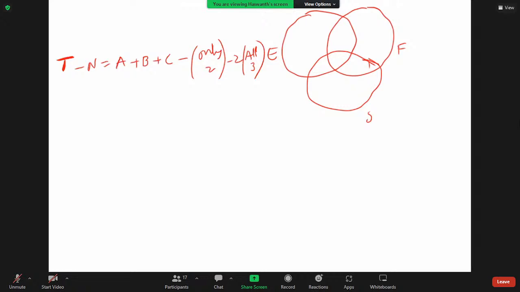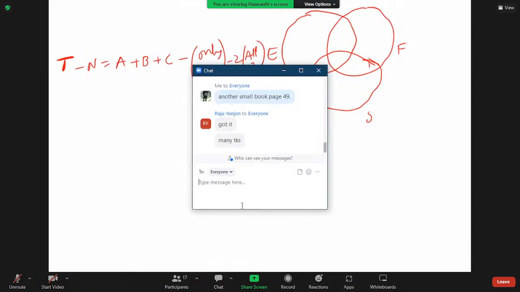So which term do we need to find out here? Yes, total minus neither, exactly. Total minus neither is what we need to find out.